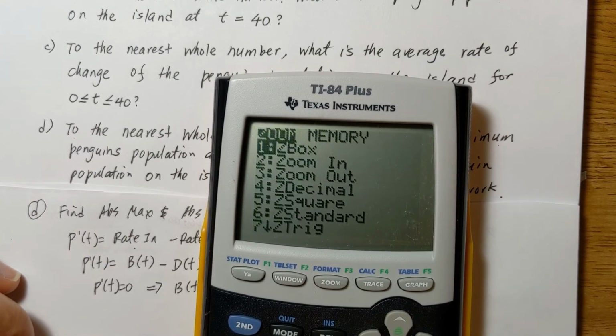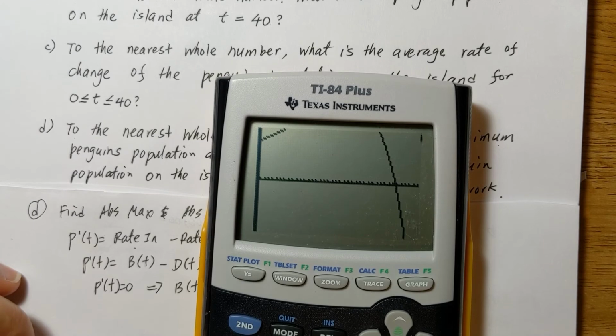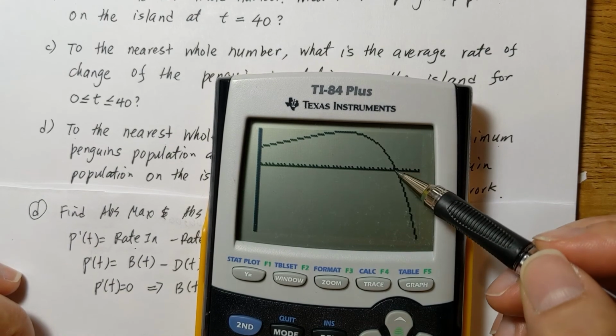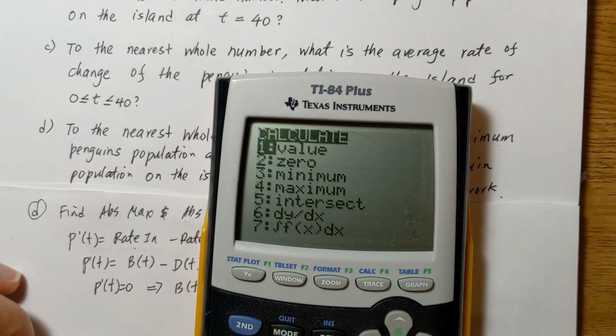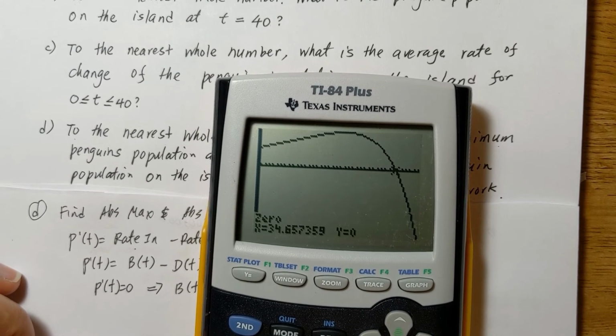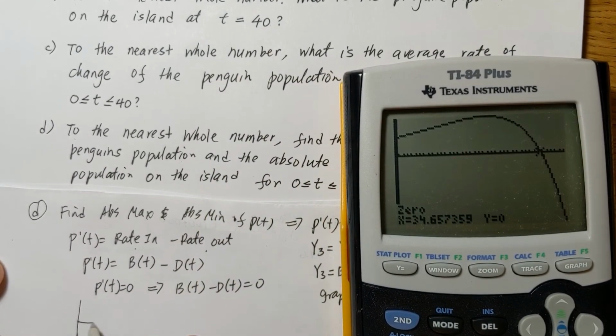If you do zoom 0, then you can have a better picture. So we only get one critical value. Let's find what number that is. We get 34.657359.